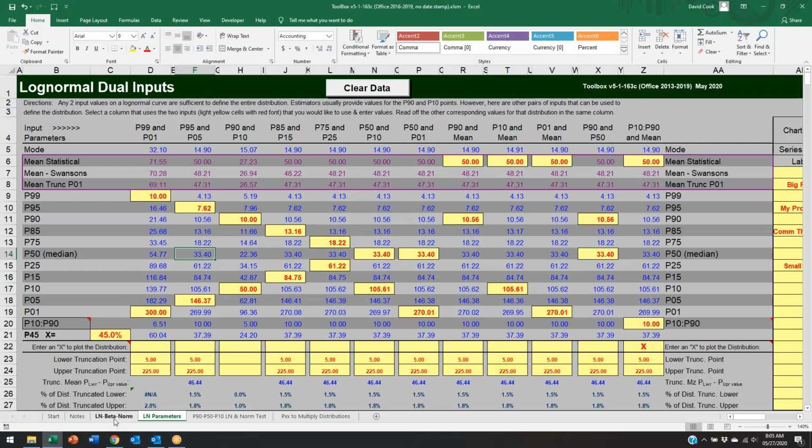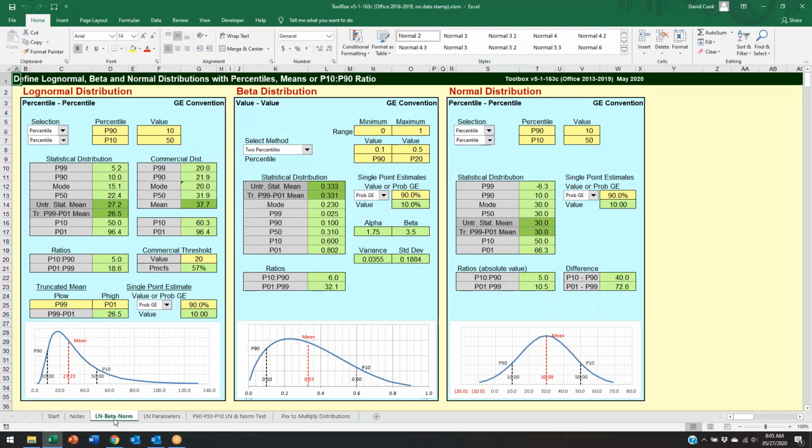What's new is this log normal beta normal worksheet, which actually compares in a side-by-side manner log normal distribution, beta distribution, and normal distributions. Again, the input values that you can use are in the yellow cells. What's new about this particular worksheet is that it allows you to go in and capture the data in different manners in any percentile values.